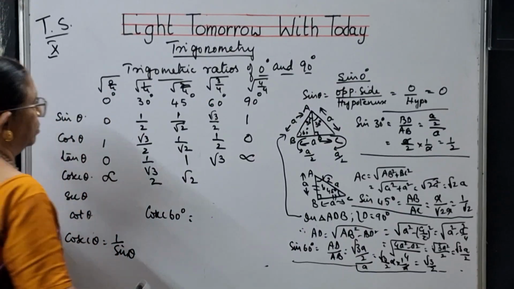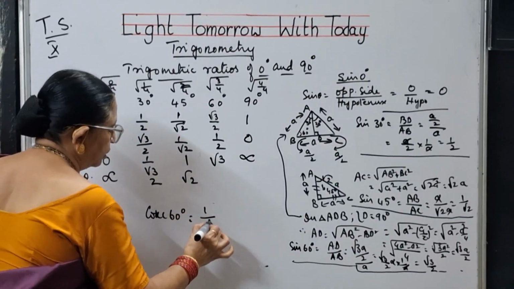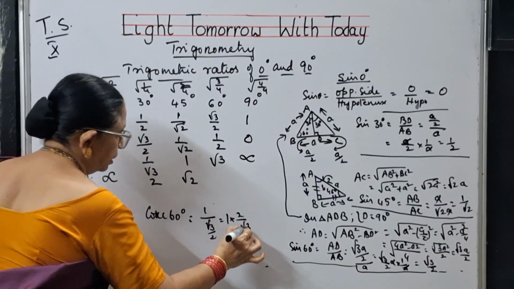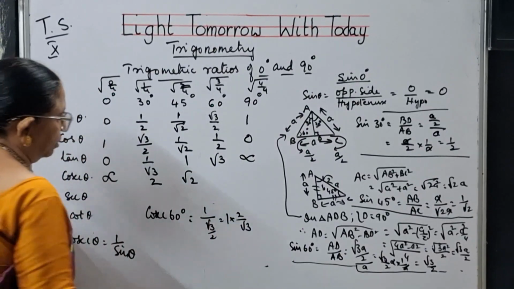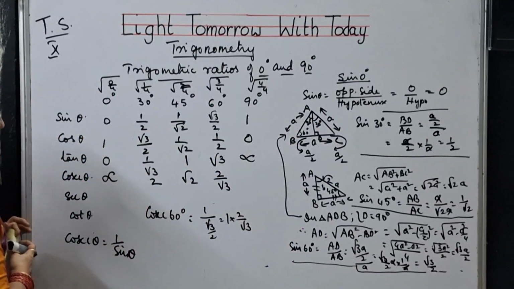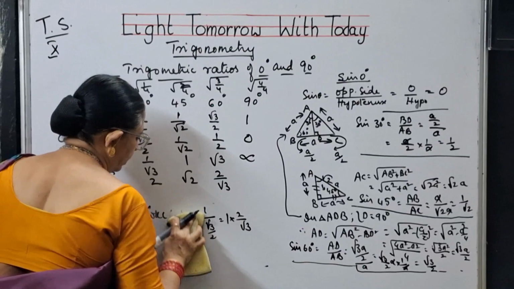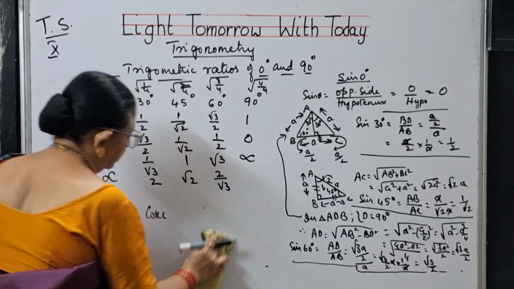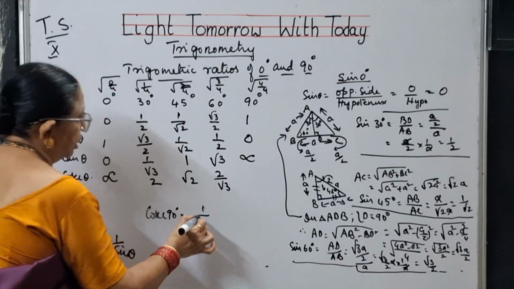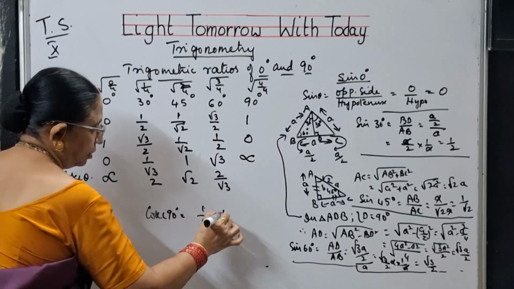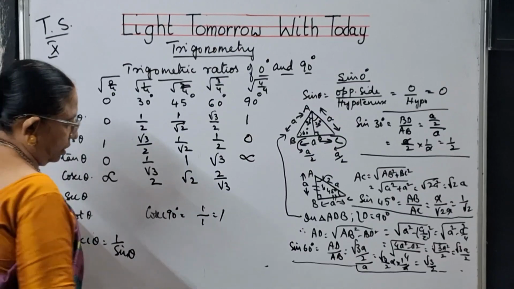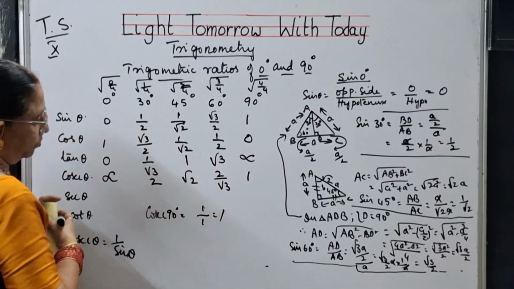Cosecant 60 degrees is 1 by root 3 by 2. That is 1 into 2 by root 3. So you are going to get its value as 2 by root 3. Cosecant 60 and cosecant 90 degrees. Cosecant 90 degrees is 1 by sine 90, that is equal to 1. So you are going to get cosecant 90 degrees is 1.